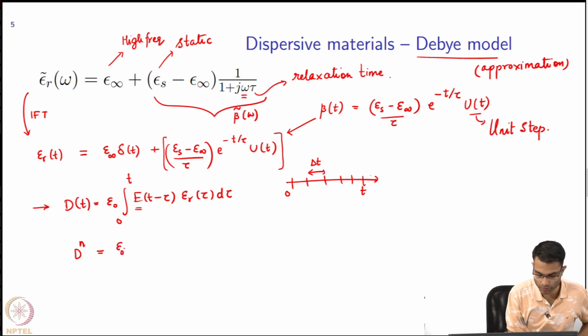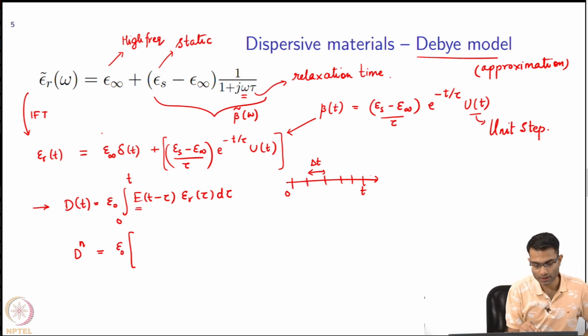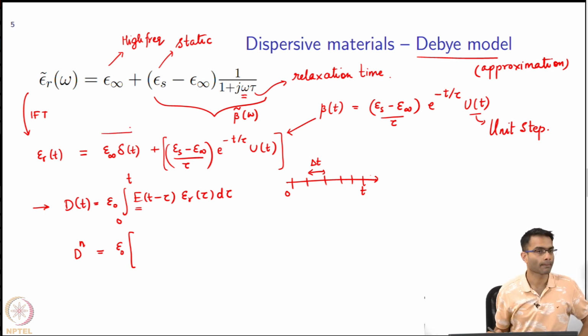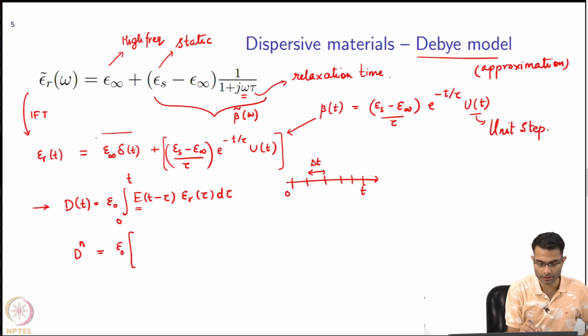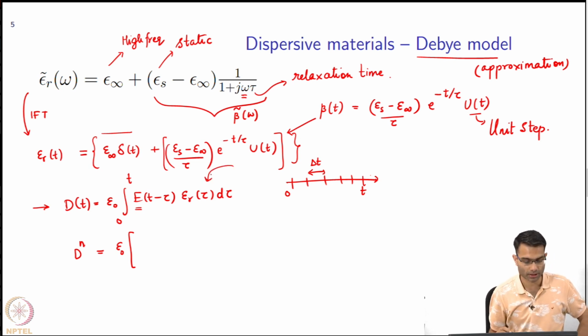Okay. So what will be the first term? Epsilon 0. Now this first term in the integral is going to pop out, right. This whole expression is going to get substituted in here. So what will the first term give me?